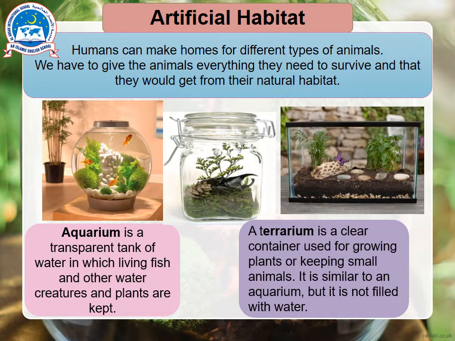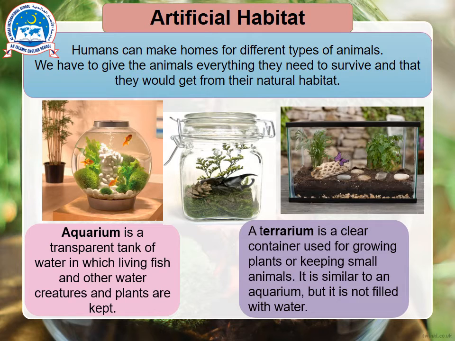An aquarium is a transparent tank of water, in which we keep fishes or turtles and other water creatures, and plants are kept too. So a tank with water is an aquarium. That's simple for you. So what's a terrarium?